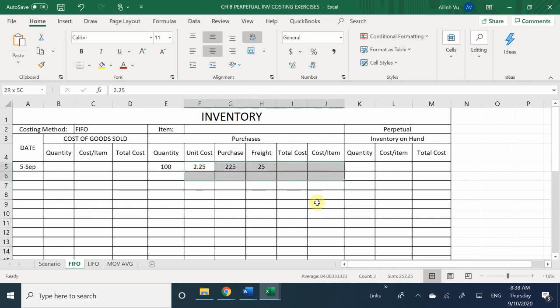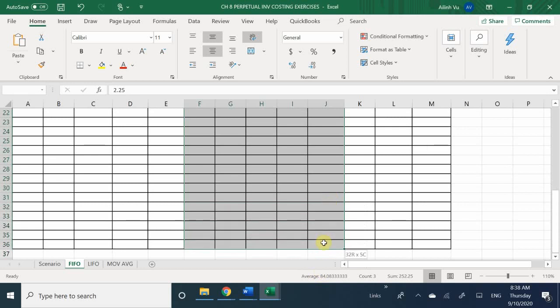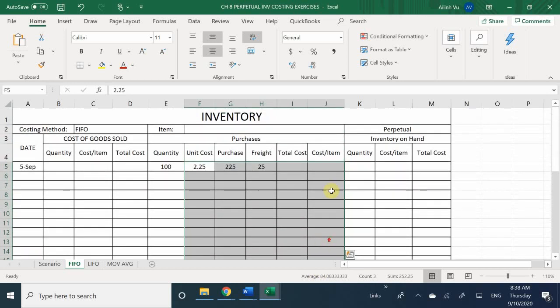So let's go on and solve this inventory worksheet here. Today we're just practicing how to calculate. Next time we're going to practice how to journalize and everything. So what's my calculation here?